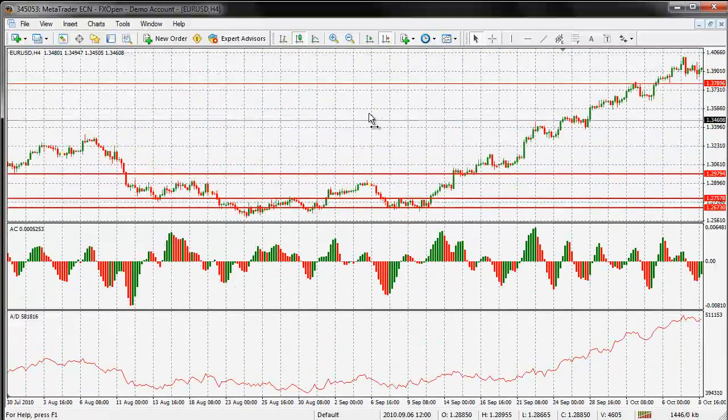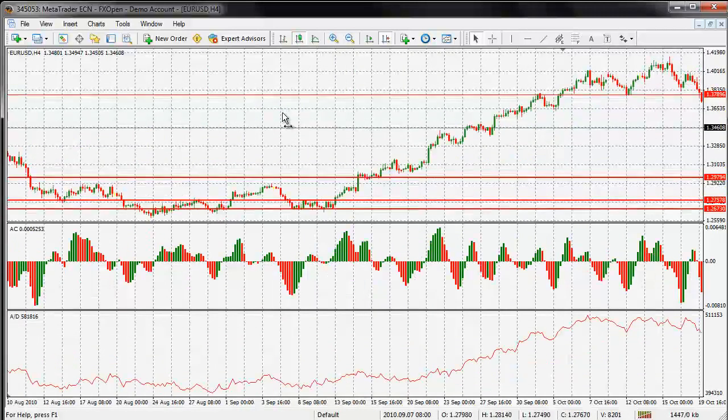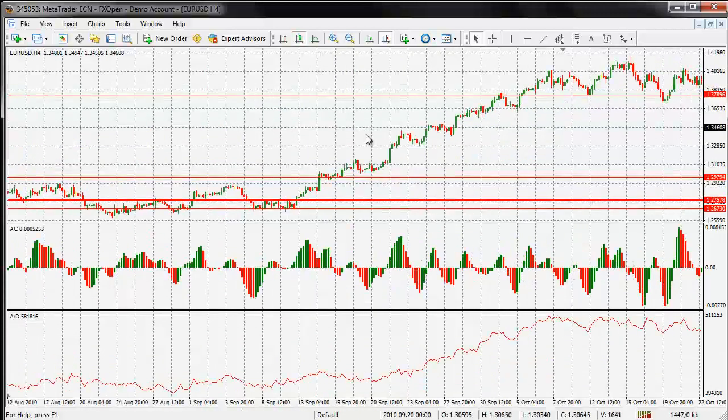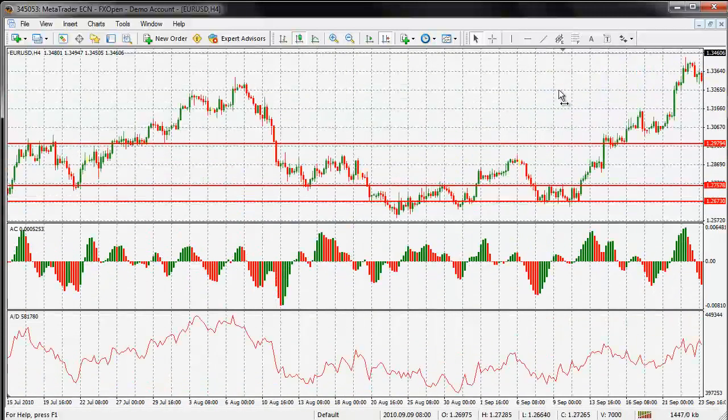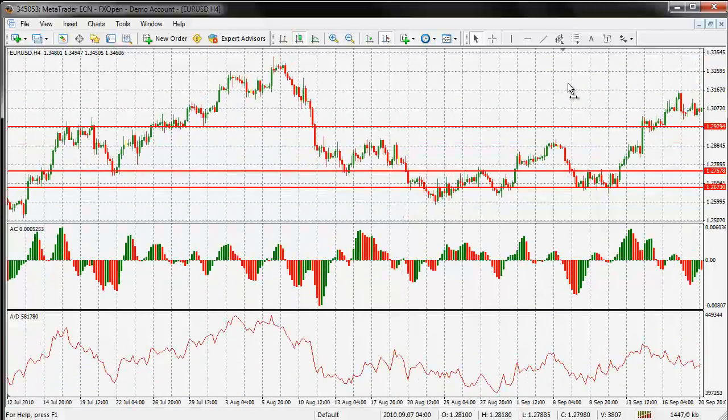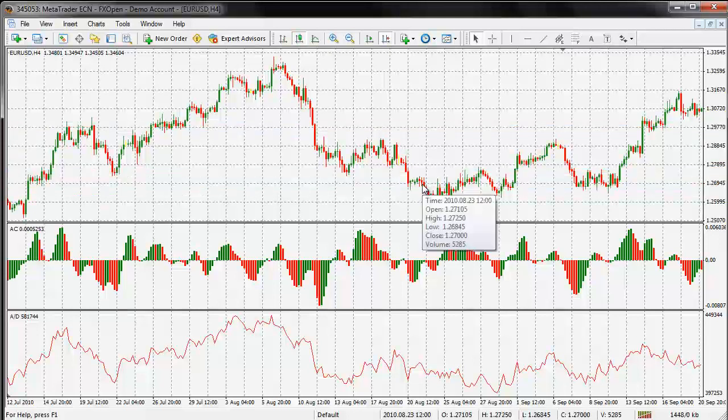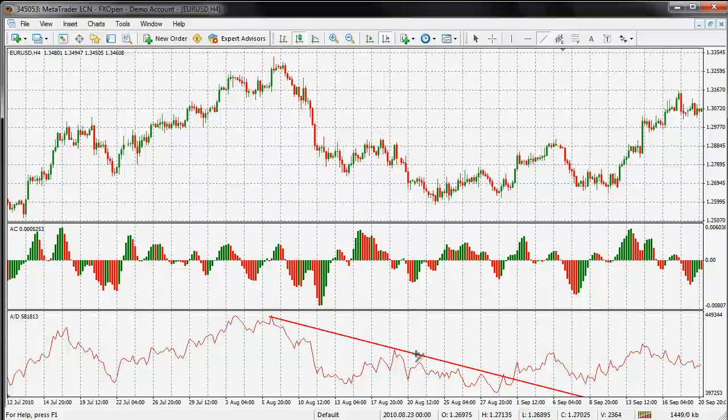Now let's see if we can find another area in the market that we can use to predict a move one way or the other. Let's remove these out of the way for the time being and grab another trend line tool. What we're looking to do is find the accumulation distribution highs and place lines on them.